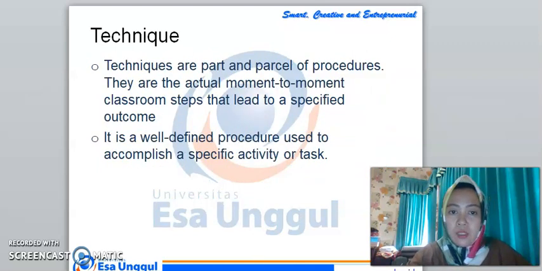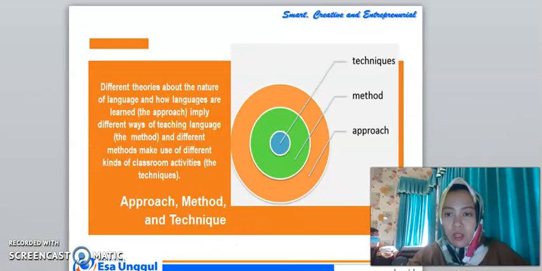The next one is technique. What is technique? Techniques are part and parcel of procedures. They are the actual moment-to-moment classroom steps that lead to a specific outcome. It is a well-defined procedure used to accomplish a specific activity or task. Here is the illustration.